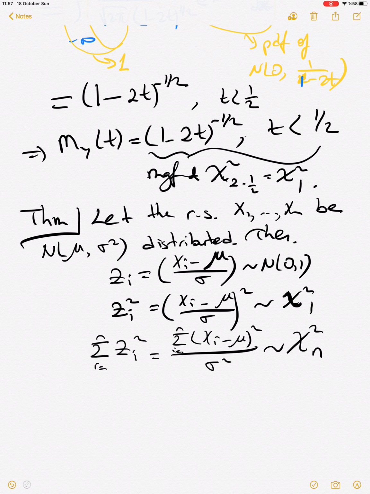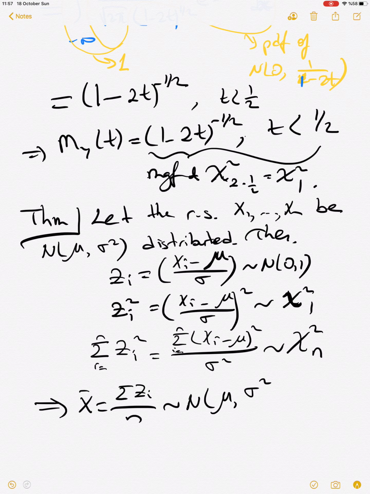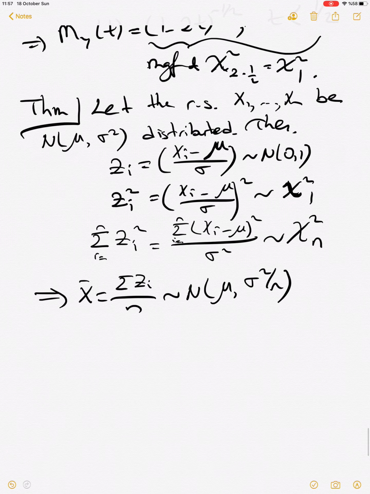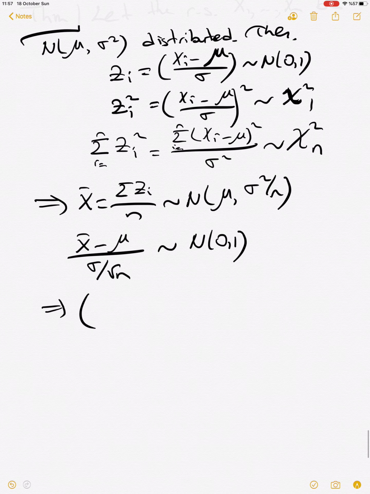And from here, X bar, which is the summation of the X_i over n, is distributed as normal with mean mu and variance sigma squared over n. And when we standardize this normally distributed random variable, we end up with a standard normal. And when we take the square of this, we end up with chi-square with 1 degree of freedom.